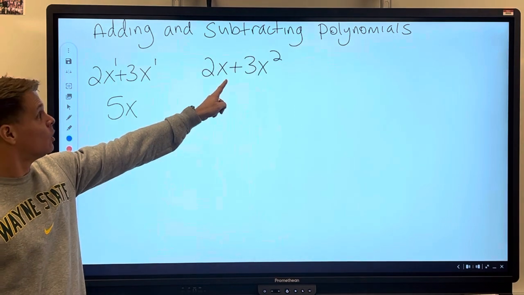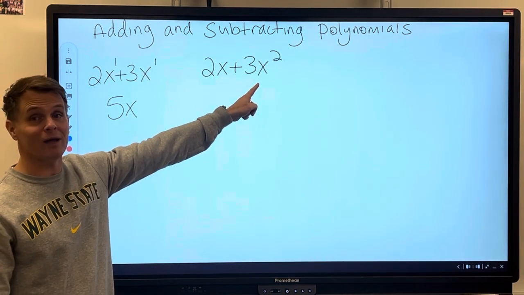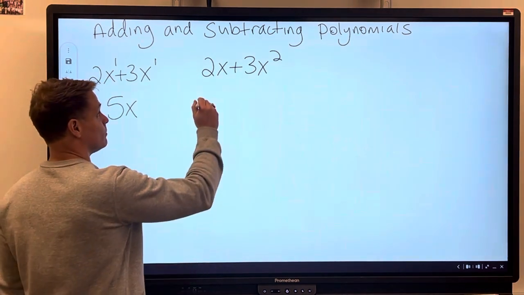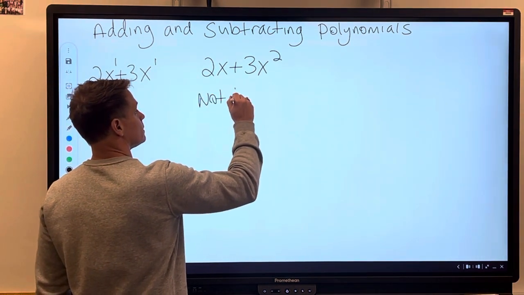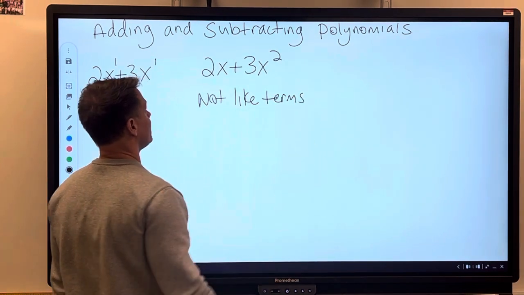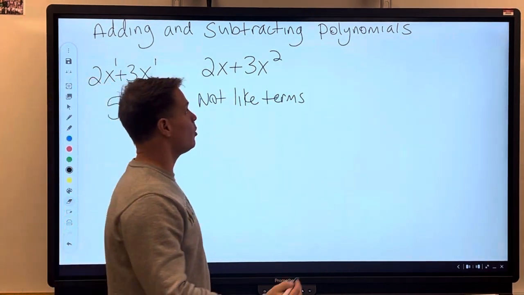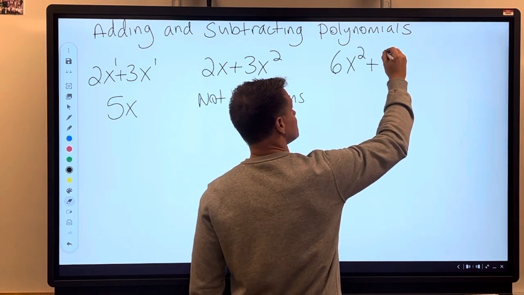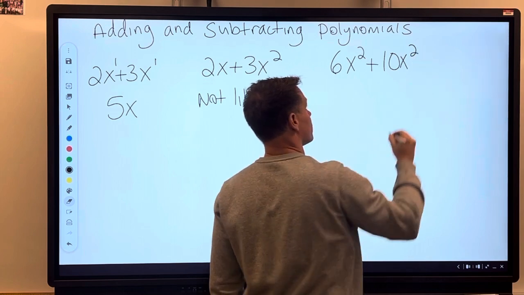Over here, we have 2x plus 3x squared. These two are not like terms. You can't add them.